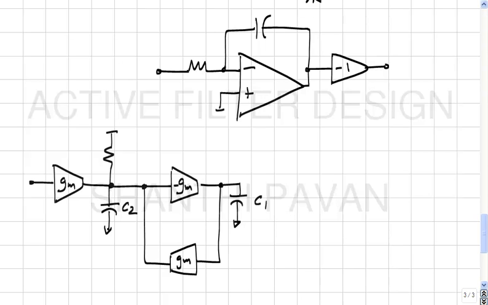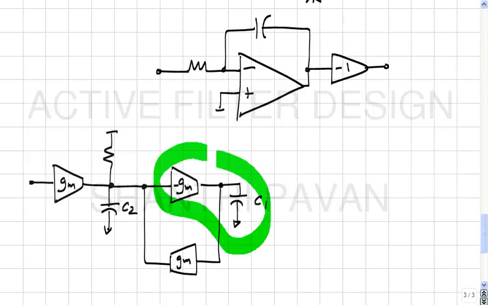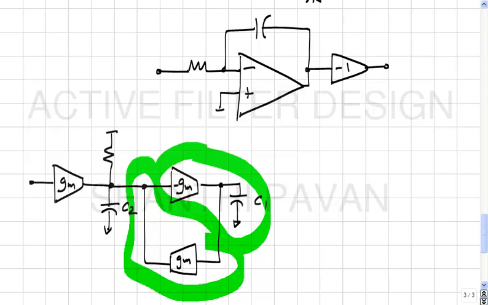This is topologically a GMC biquad. What kind of output is this? This is the band pass output, this is the low pass output, and as you can see there are 2 integrators in cascade.